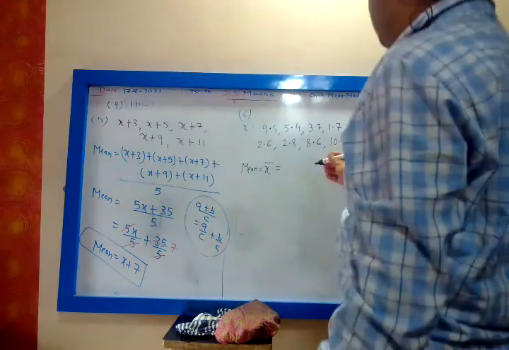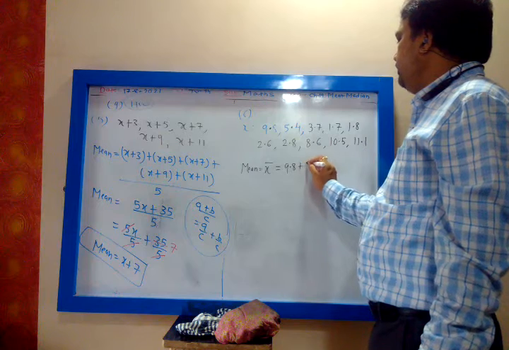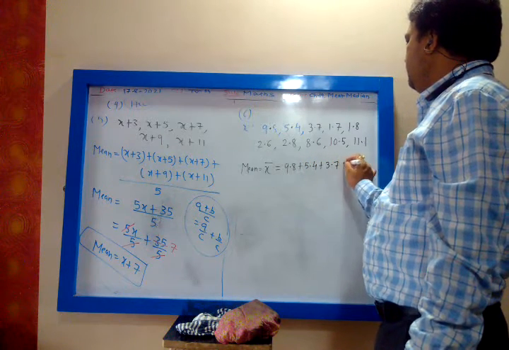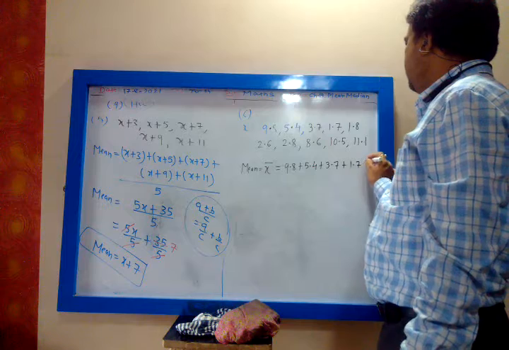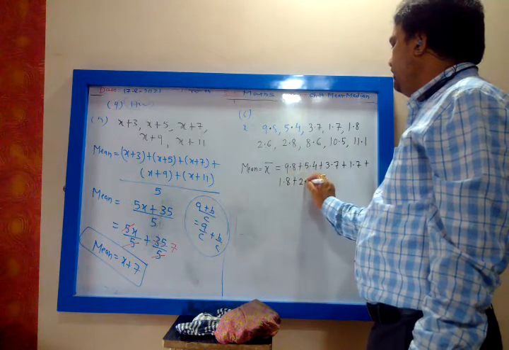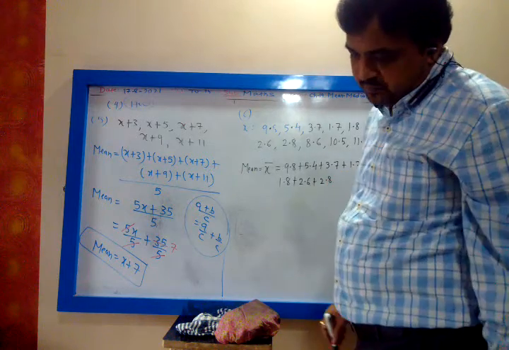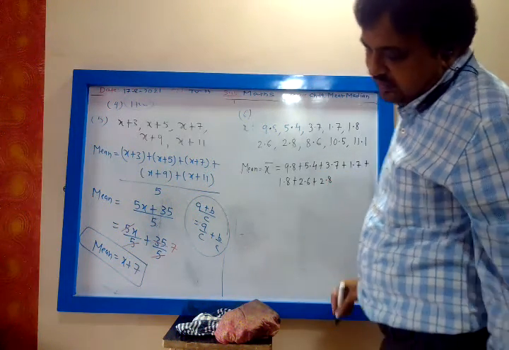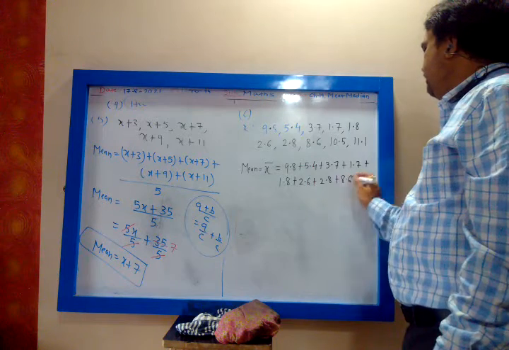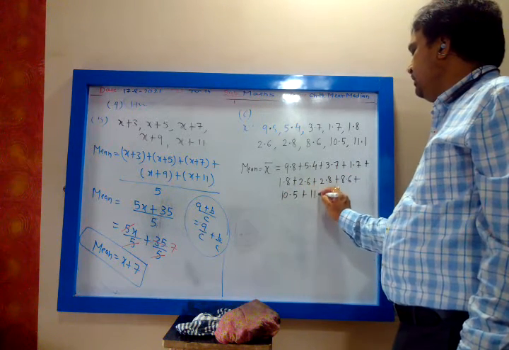So mean x bar is, add all these values: 9.8 plus 5.4 plus 3.7 plus 1.7 plus 1.8 plus 2.6 plus 2.8 plus 8.6 plus 10.5 plus 11.1.